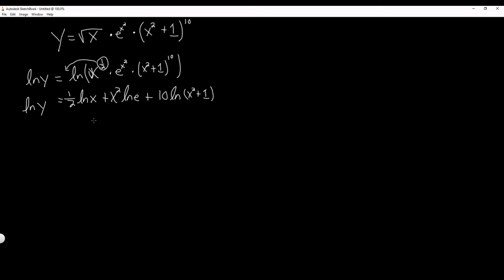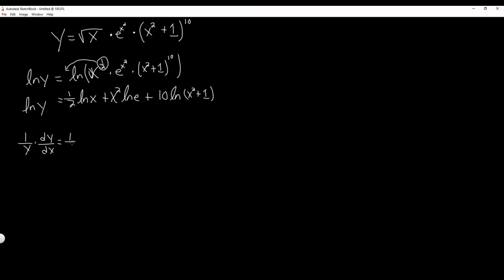So now we are ready to differentiate both sides with respect to x. The left-hand side will have to be differentiated implicitly. So this is going to be 1 divided by y times dy/dx is equal to, the constant just comes along for the ride, and the derivative of the natural logarithm of x is just 1 divided by x.